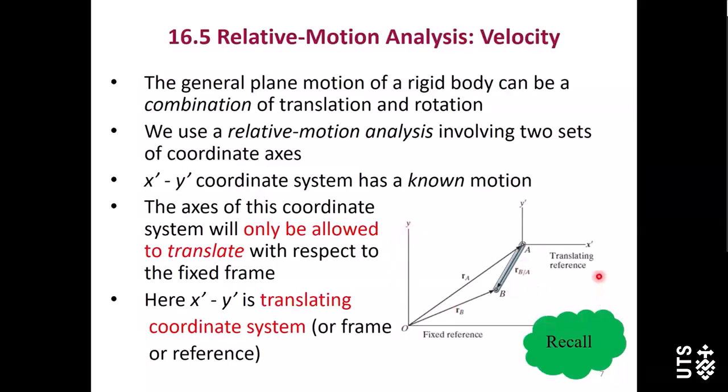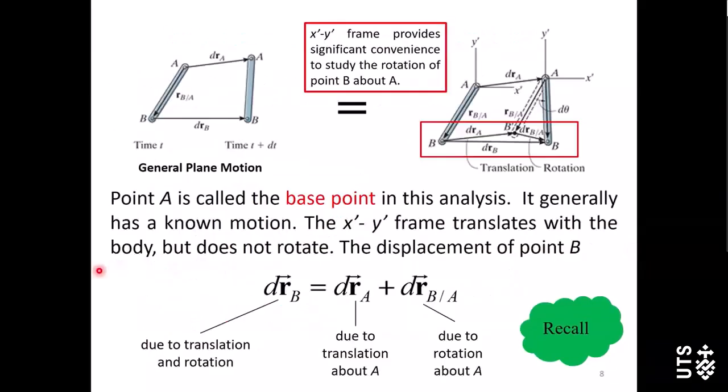And another coordinate system is x prime, a, y prime. And its origin is at point A in the rigid body AB. This coordinate system can translate, but it's not allowed to rotate. Here, rigid body AB is undergoing general plane motion, moving from its initial position to its final position.